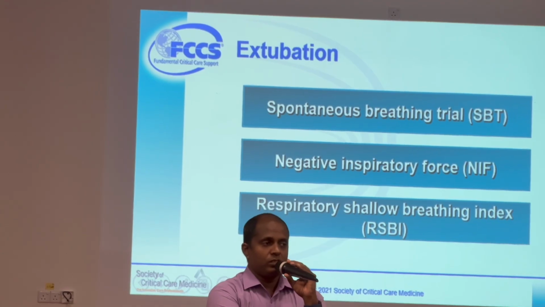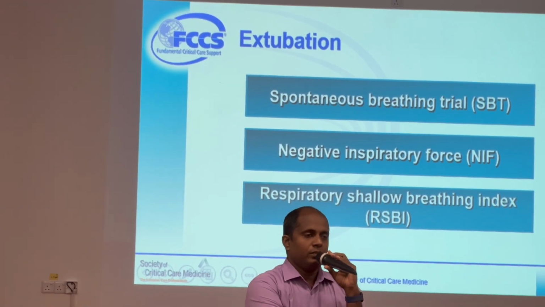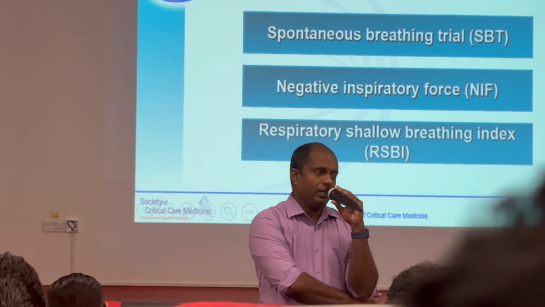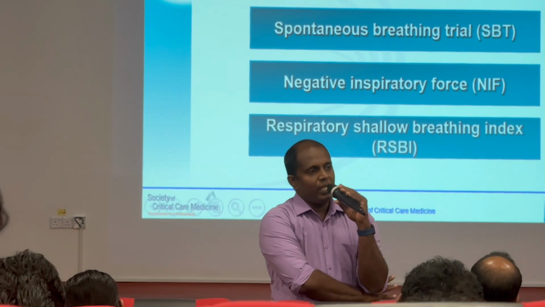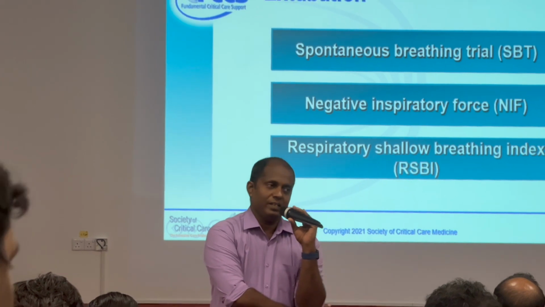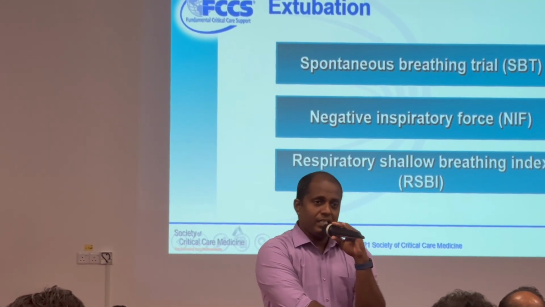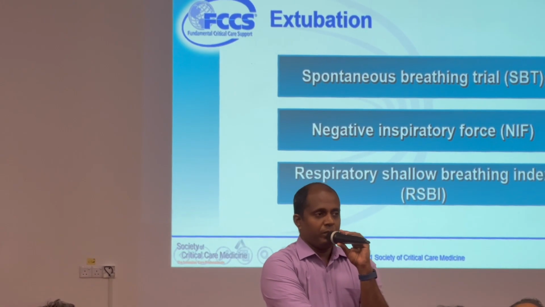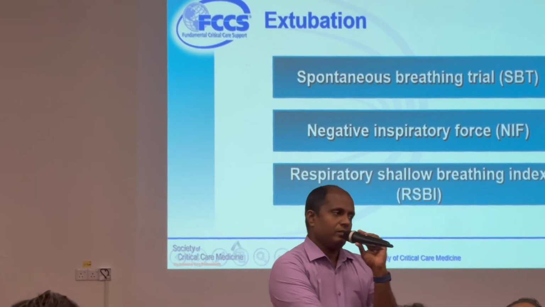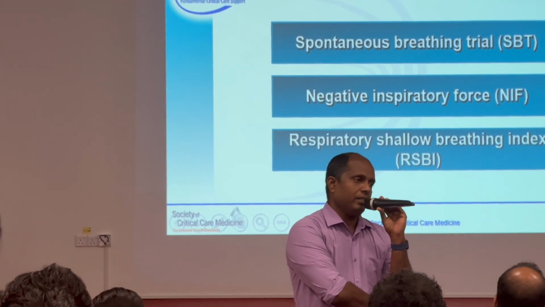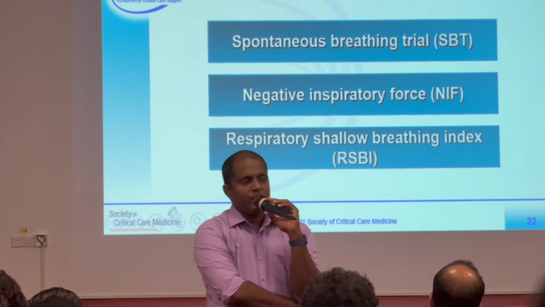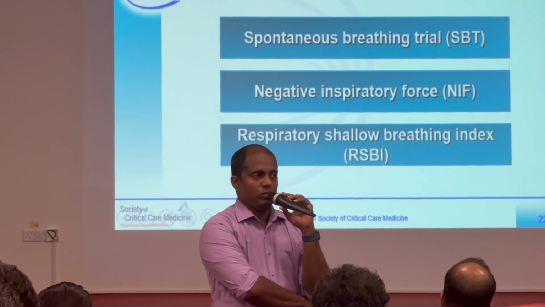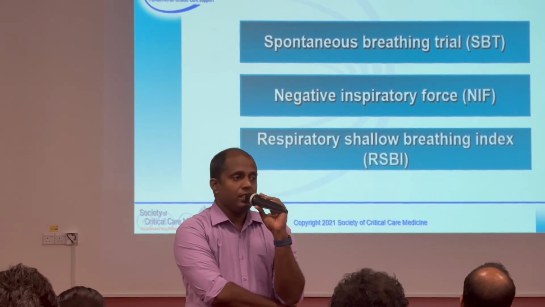We put the patient on spontaneous mode with minimum pressure support, usually 5 or 8, PEEP of 5 or 8, usually we keep it at 5. I usually make things easy, ask people to keep the same number, PEEP 5, pressure support 5, and keep the patient on the ventilator for 20 minutes and see the response.